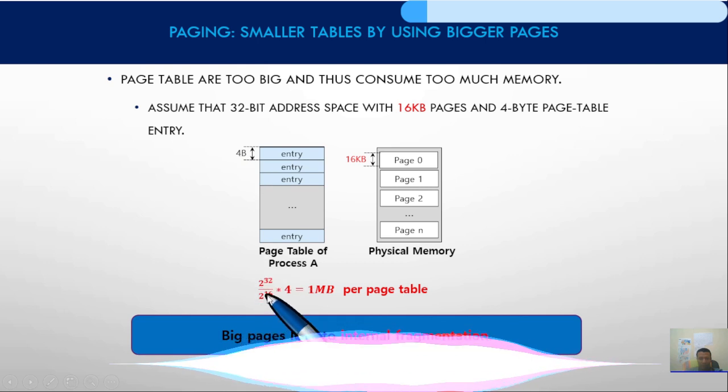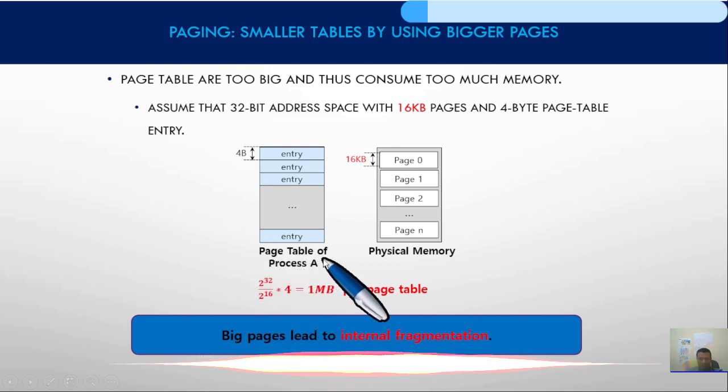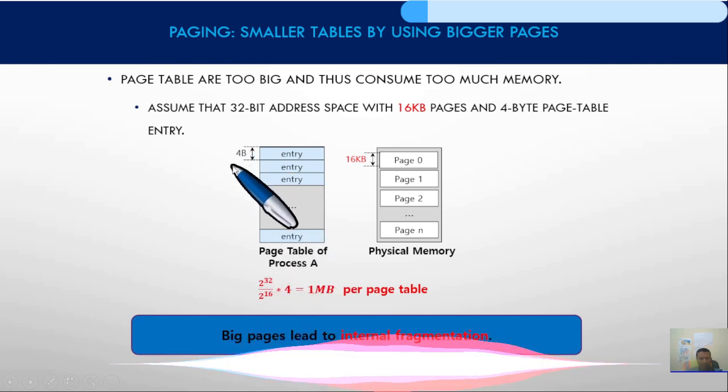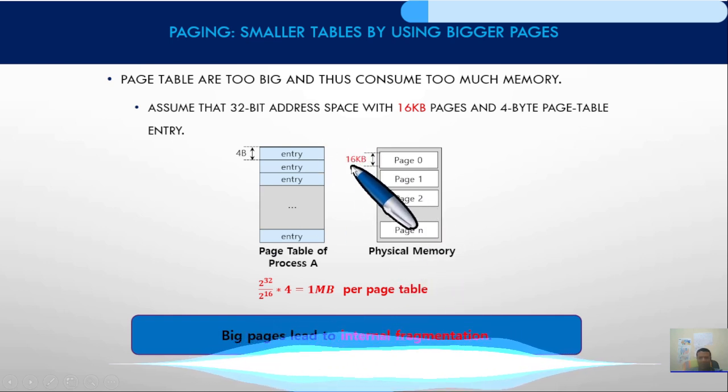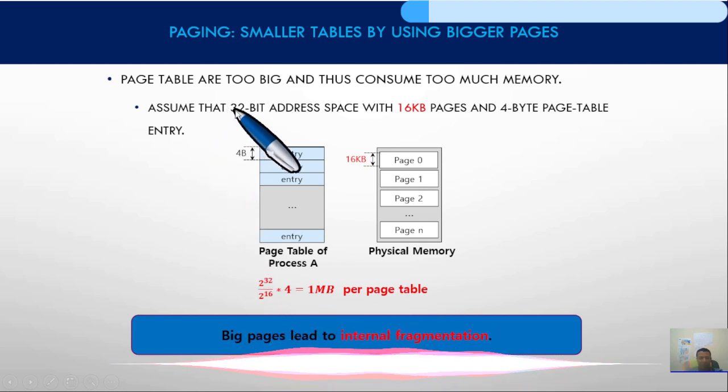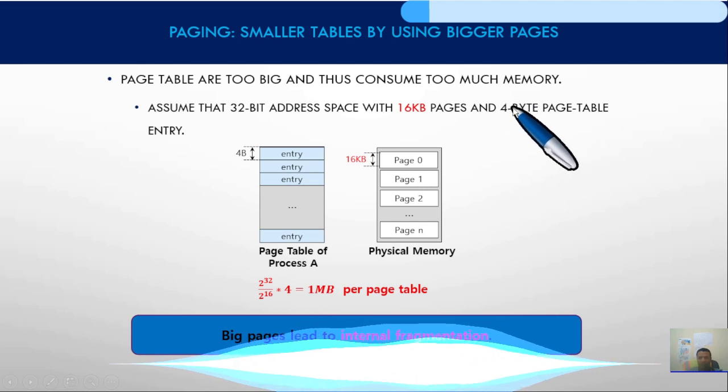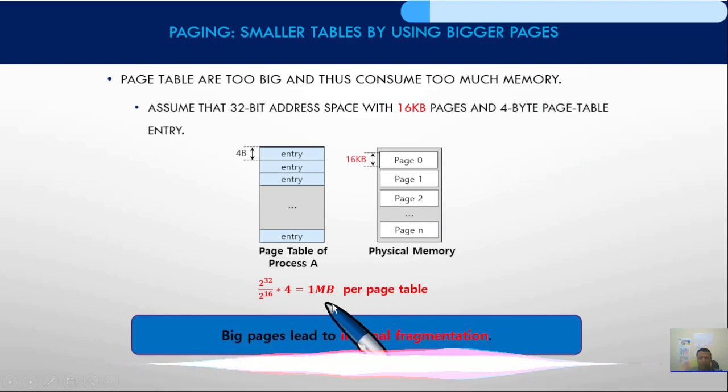Then, as you can see, in the page table for process A we have 4 bytes per entry, but in the physical memory we have 16 kilobytes per page. If you check 2 to the power of 32 over 2 to the power of 14 times 4 bytes, we're going to have 1 megabyte per page table.